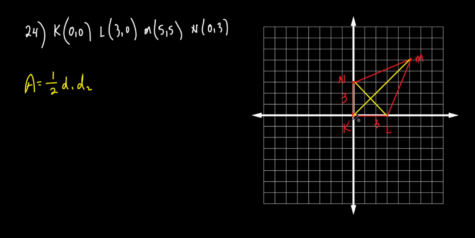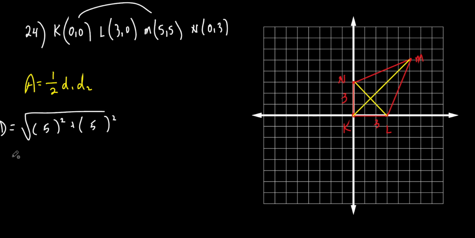So let's find this longer one right here from K to M. They call it the axis of symmetry, all right? So we're going to find that. So K and M, these two right there. Let's put it in the distance formula. Doesn't take too long if you know what you're doing. Subtract, we can just do that in our head, right? 5 minus 0 is what? 5. Then another 5 minus 0 is 5.